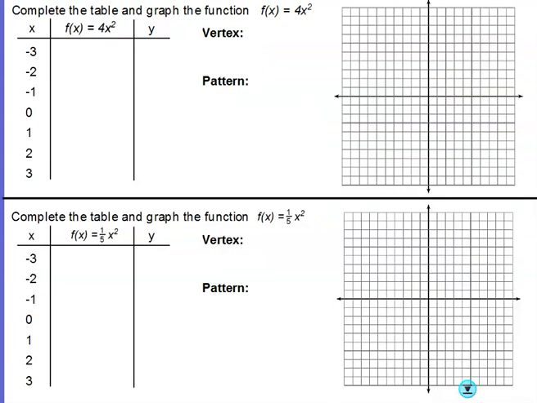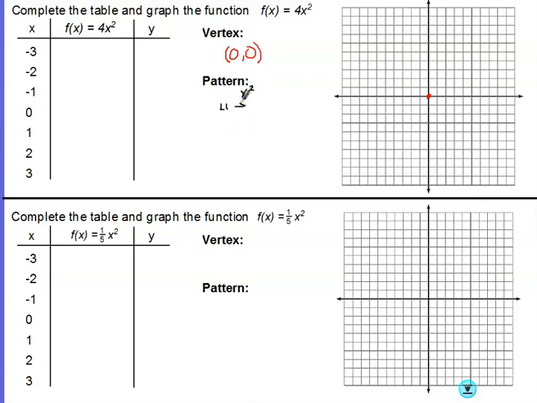We'll go ahead and do that a couple more times. We'll use the pattern instead of creating the table. If you're uncomfortable, go ahead and just create the table for each function. My vertex will still be at 0, 0. And my pattern is going to be based around x squared. So I'm going to start with the x squared.